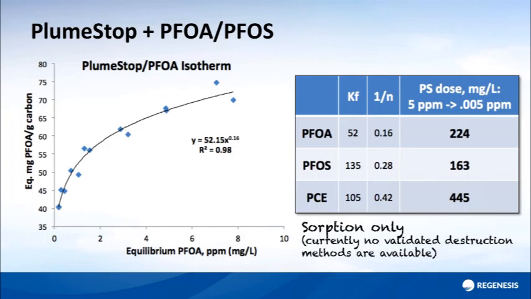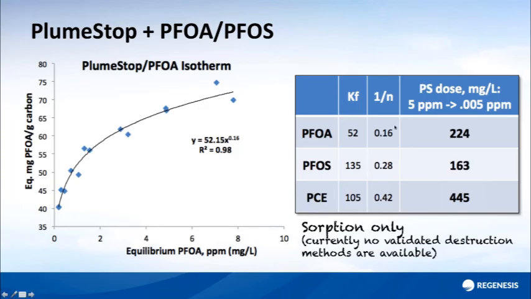And for those familiar with isotherms, I've put the Freundlich constants over on the right-hand side. But more importantly, if we look at the PlumeStop dose here that would be required to drop a 5 ppm plume down to a 5 ppb plume, these are the relative amounts of PlumeStop that would be required for PFOS and PFOA compared to PCE. And PCE is one of the easiest compounds to treat here.